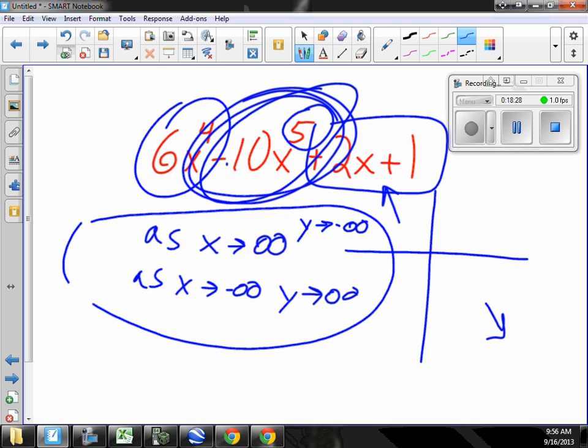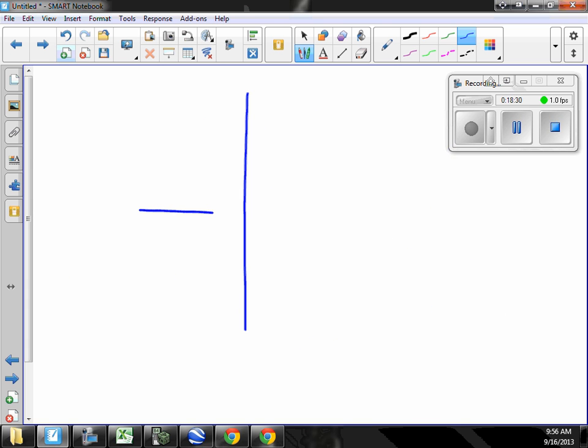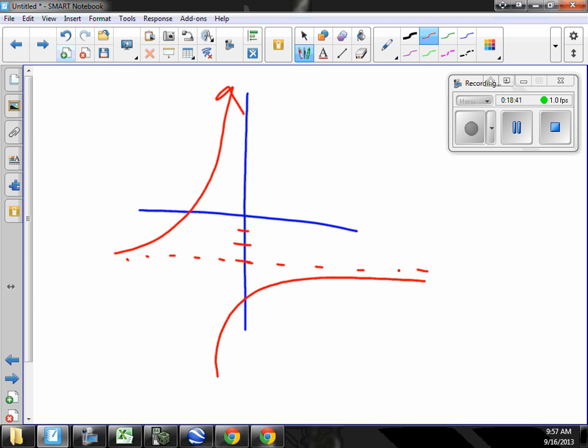Okay? What if I had a graph like this? As x approaches negative infinity, so as the graph goes left, where is y headed? Well, as x goes to negative infinity, how high is the graph going to be?